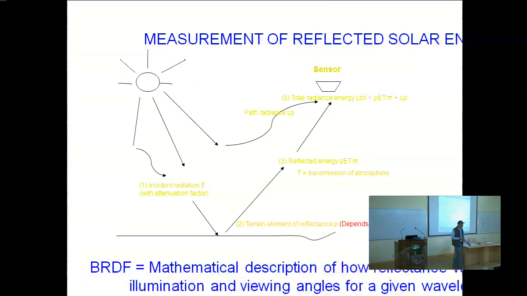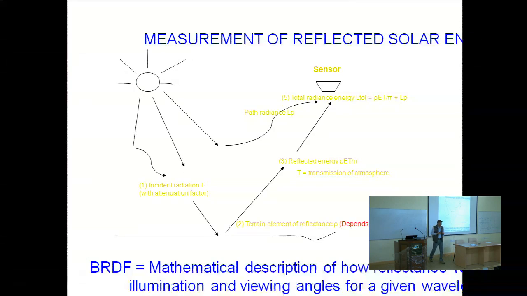Then it has to transmit through the atmosphere, and then it reaches the sensor. So whatever you see on the satellite is not necessarily only because of the energy reflected by the surface, but also additional things related to the path to the satellite. Therefore, we require different corrections.